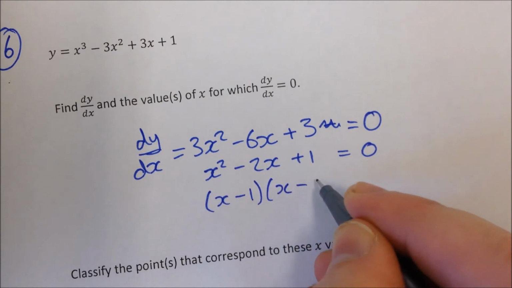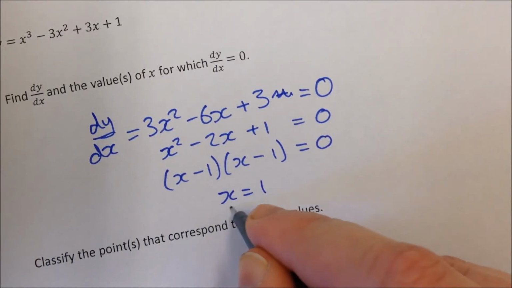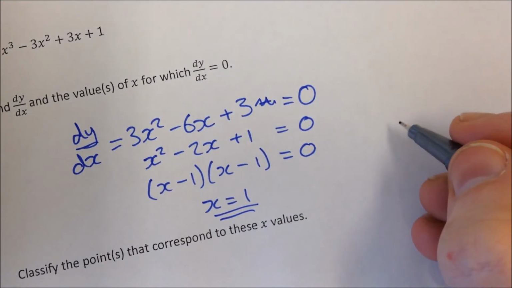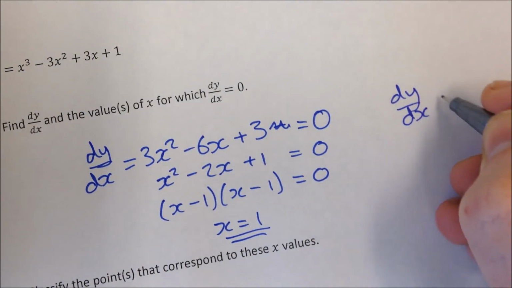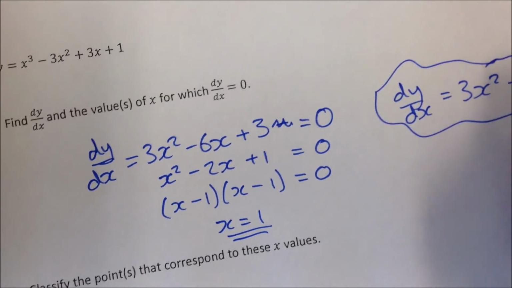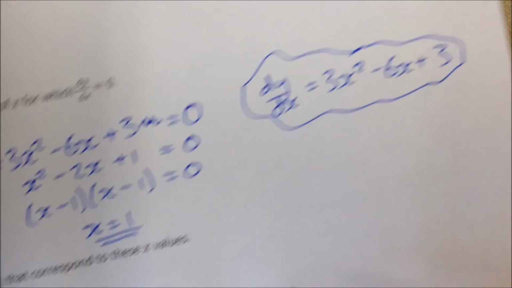As this is a quadratic, we need to factorise it into 2 brackets. So that means x equals 1 is our only solution to that. Let's just copy this across. dy dx equals 3x squared, take away 6x plus 3. So that we use this one and not this one or this one.